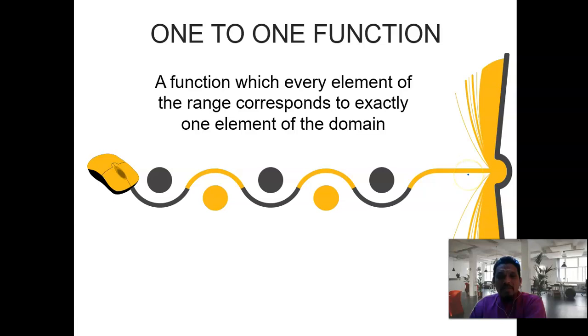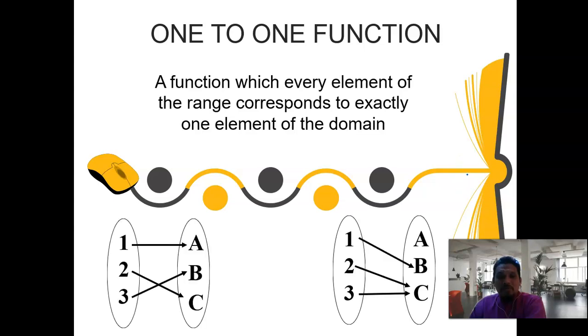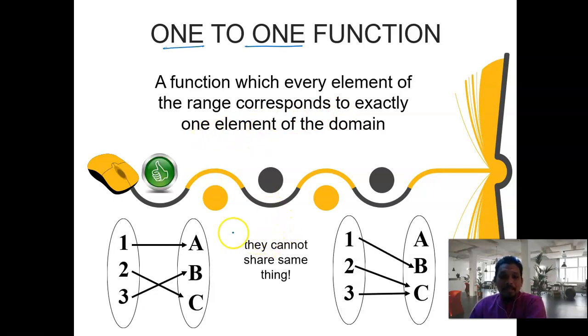A one-to-one function is a function in which every element of the range corresponds to exactly one element of the domain. Okay, so every single element in y is being mapped by a single element of x.